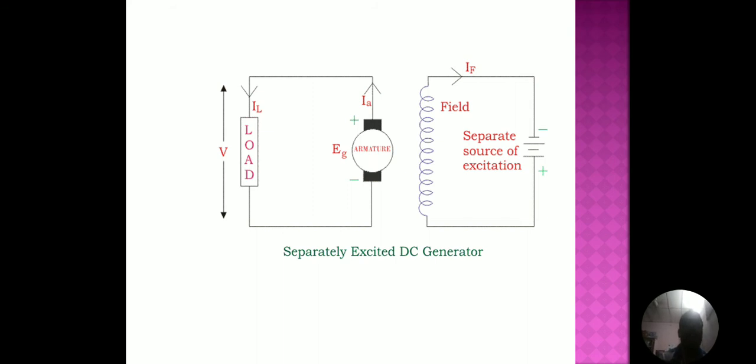This armature and the load are both connected in series, so IA is always equal to IL. The voltage across the load is given as V.